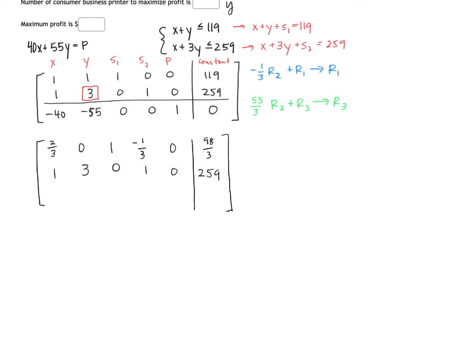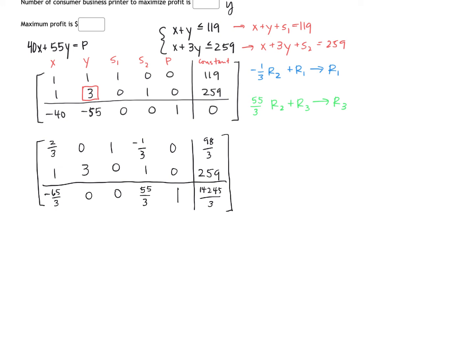And then when you multiply row 2 by 55/3 and add that to row 3 and replace row 3, you will get negative 65/3, 0, 0, 55 thirds, 1, and then 14,245 over 3. All right, so now you've done that.